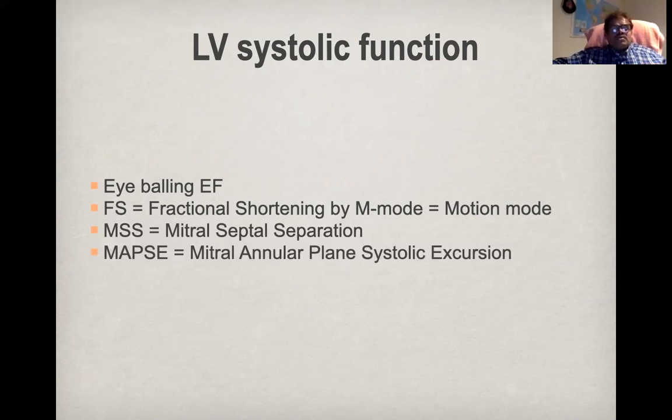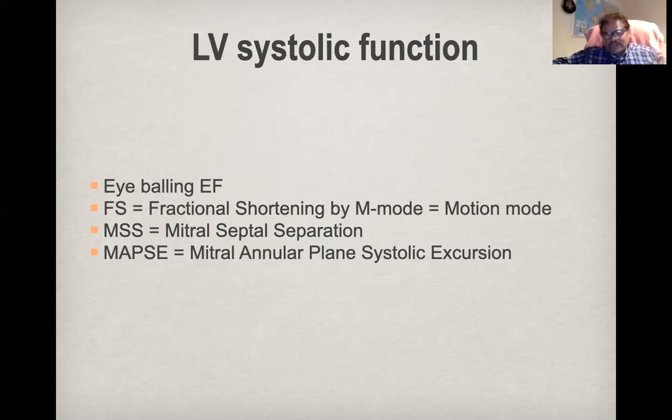Usually we use four different methods. Typically, cardiologists use eyeballing for measuring ejection fraction because they are used to doing left ventricle evaluation. Fractional shortening is another method where we calculate the systolic and diastolic thickening and relaxation of the myocardium, and it is calculated using M-mode.